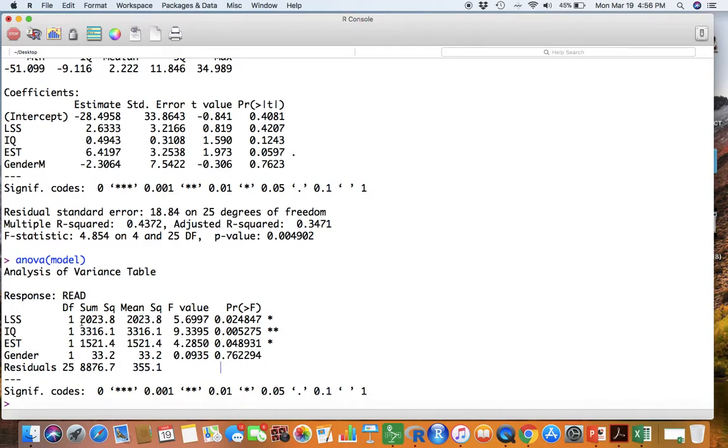Long story short, I could come up with the mean square for the regression by taking the sum of squares for the regression, which would be all four of these numbers, divided by, in this case, the sum of the degrees of freedom, which would be 4.